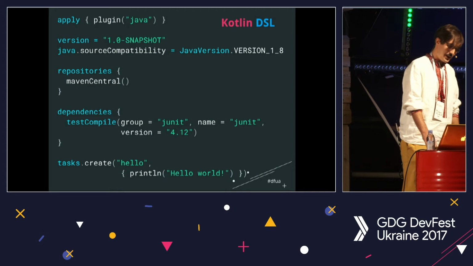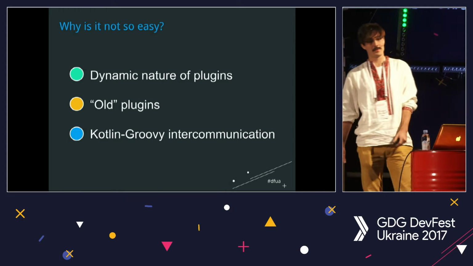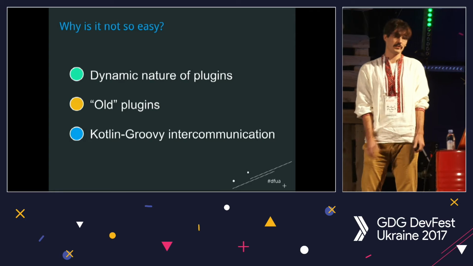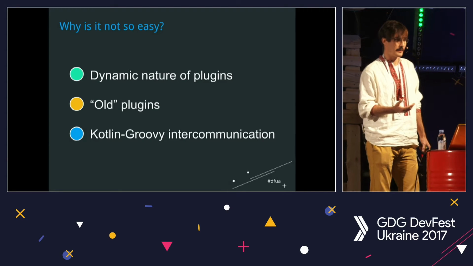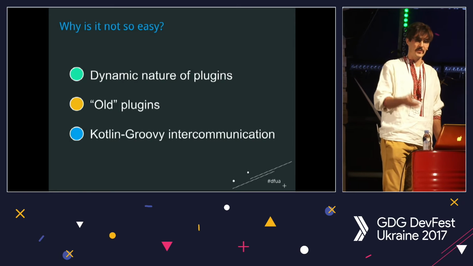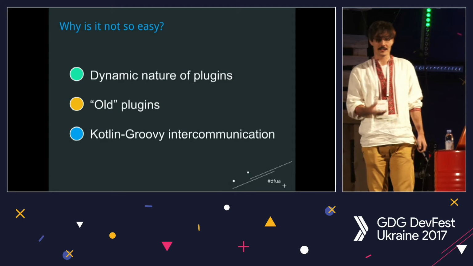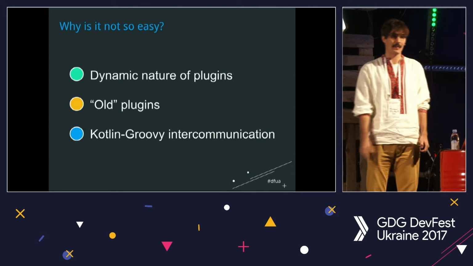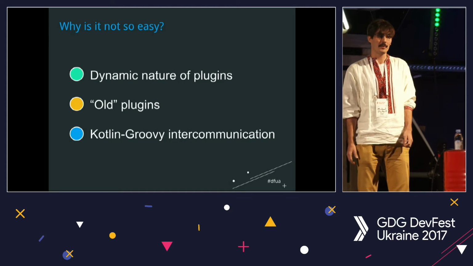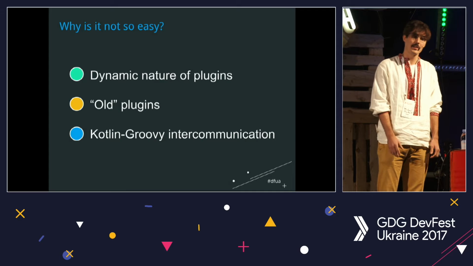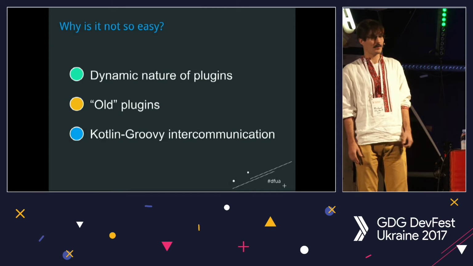Great. But of course, this transition between two languages is not so easy. First of all, because of the dynamic Groovy nature. Groovy is dynamic, Kotlin is static, and in some cases, for example with extensions, we just can't compile our code because there are no such methods.